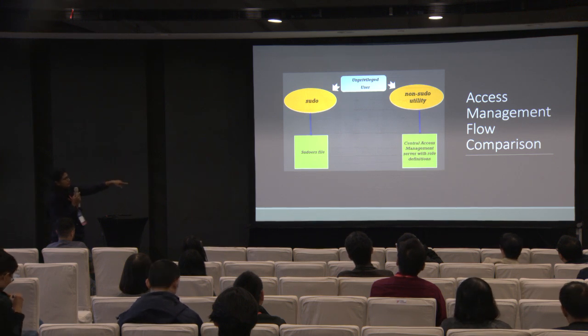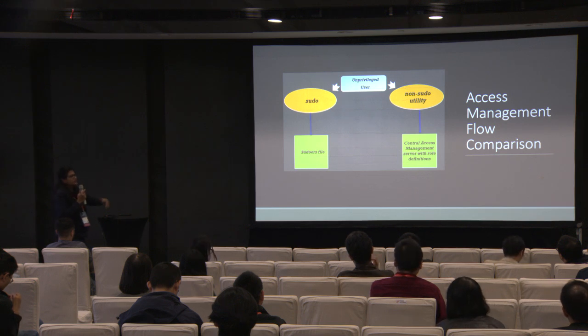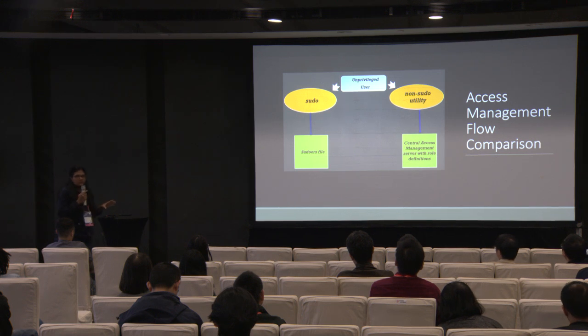In the new way of doing things, it does not talk to sudo. Instead, it ends up talking to the non-sudo utility, which is also referred to as the agent, and the agent talks to the central management server, which has a role definition and figures out if the user actually has the access to do this.